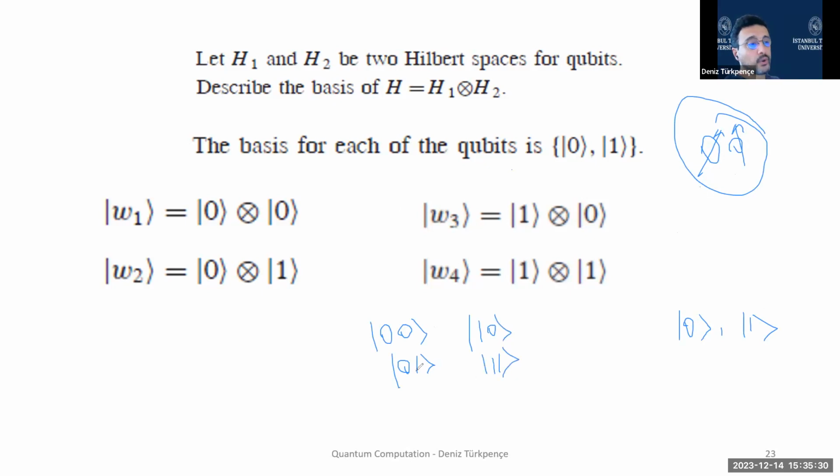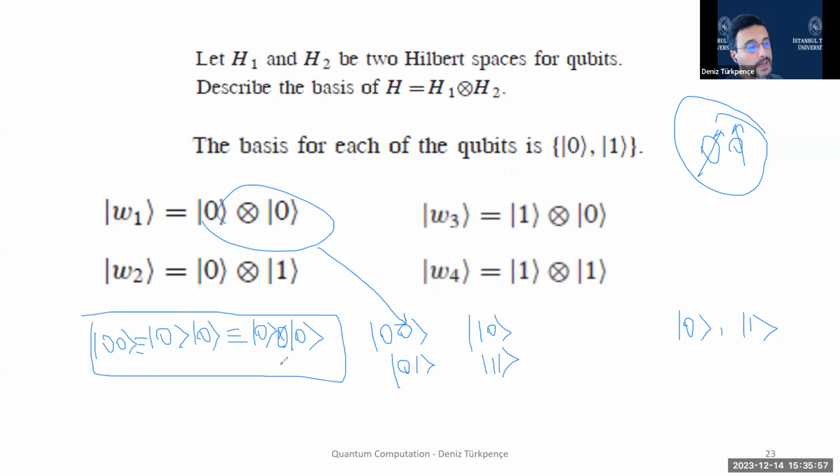Of course, this notation is the same as this notation, and this notation is also the same as this one. They all imply a tensor product, and they all imply two-qubit systems.